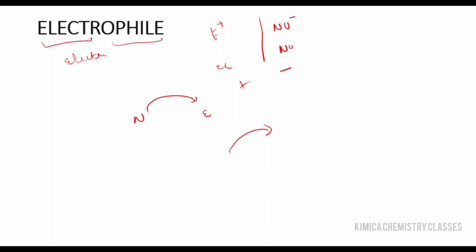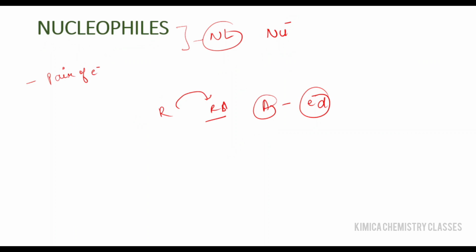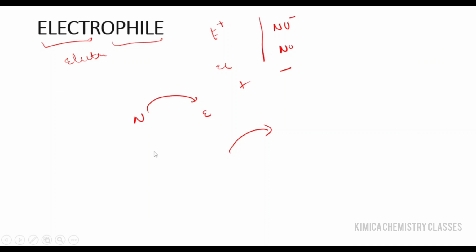Some examples of nucleophiles are hydroxide ion, ammonia, chloride, and water. Examples of electrophiles are proton, which we can write like this, nitronium ion, and aluminium chloride.